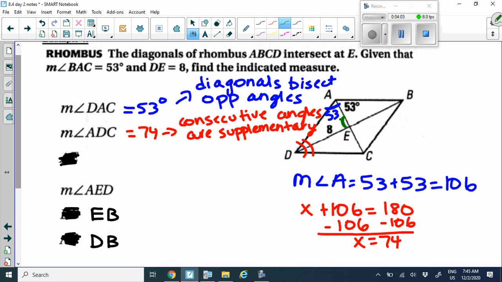But we know that diagonals are perpendicular, right? So what does perpendicular mean? Remember, perpendicular means that they intersect at 90 degrees. So these diagonals intersect at 90 degrees. So this is going to be 90. Okay, so our reasoning here, diagonals are perpendicular.